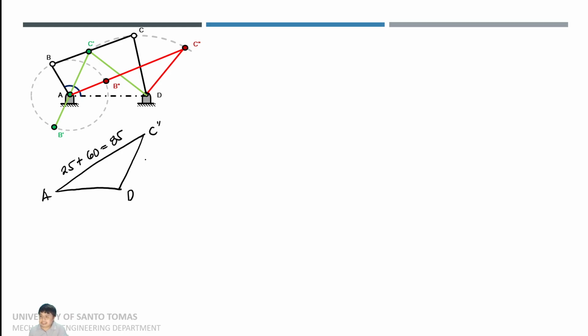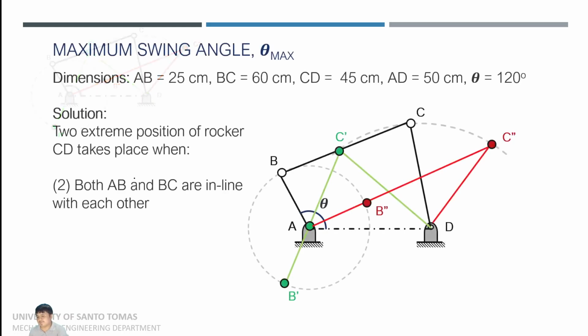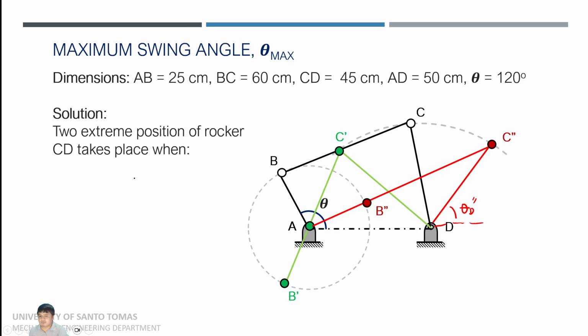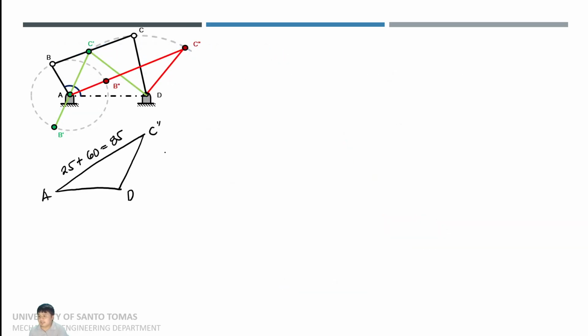And then you have CD, which is 45, and this is 50. We want to find again this angle here, theta D double prime. Relative to this angle, the total is a straight, or supplemental, angle, so this will be 180 degrees minus theta D double prime.